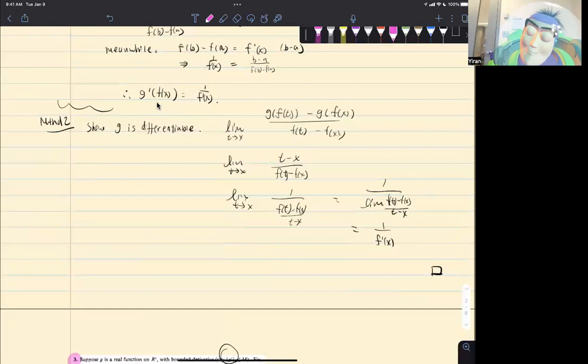Notice that here I plug in the values f(t), f(x), because g is the inverse of f.